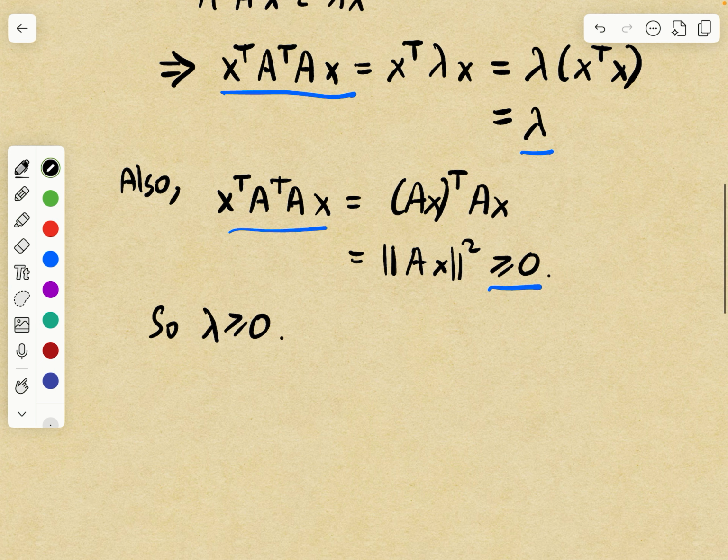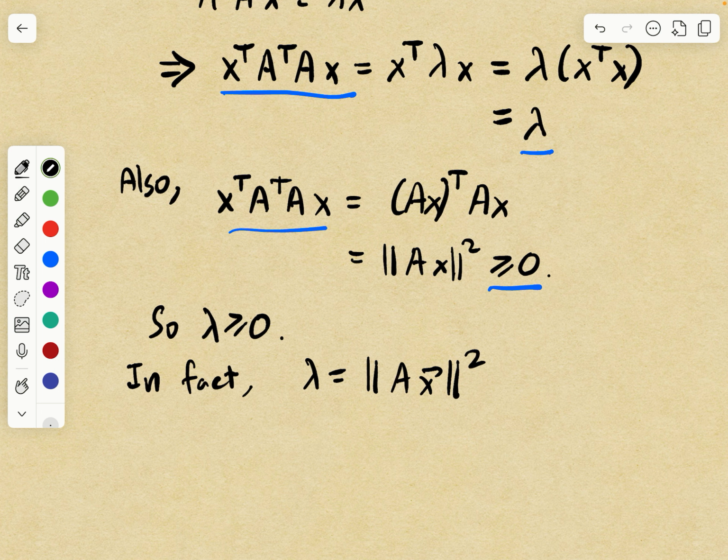We actually showed that whenever you have a unit length eigenvector and you take the Ax, now Ax itself might not have unit length. But if you take A times x and then take its length squared, it's equal to the corresponding eigenvalue.